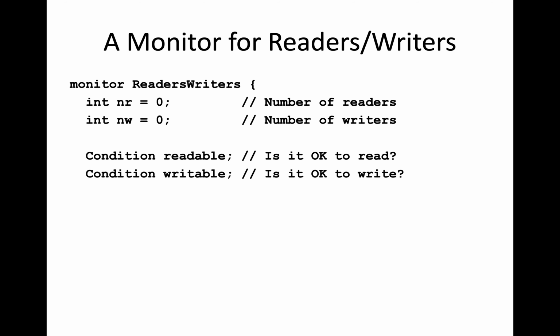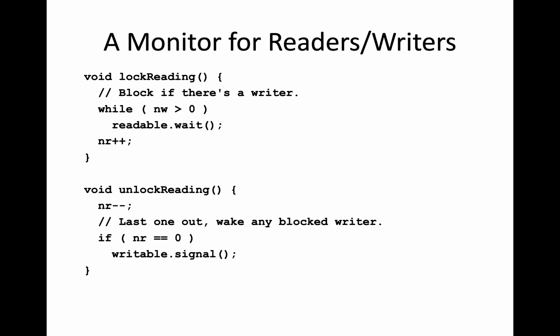It'll have two functions for the readers. This top one is for giving out read locks. Every time a reader wants to access the object, it calls lock reading. And when this returns, the idea is it has acquired the lock. This function will block until the reader can have the lock it wants. And then it gets to read from the field for however long it wants.